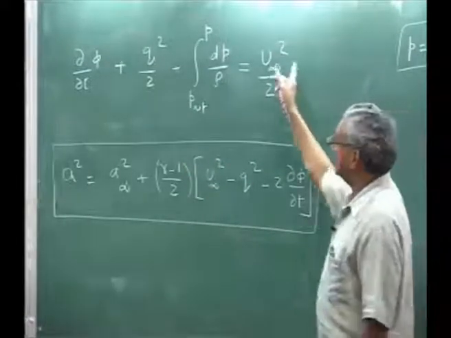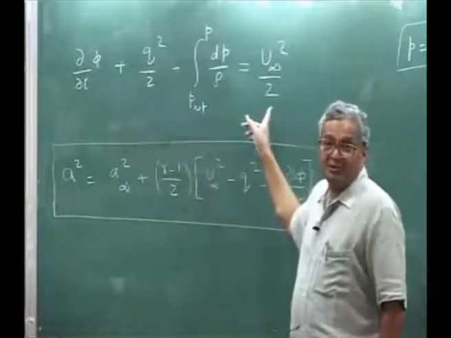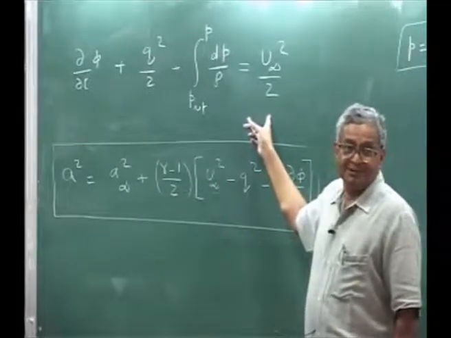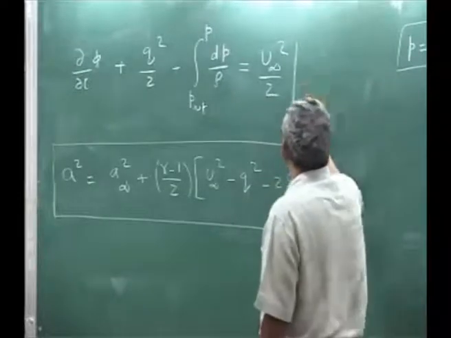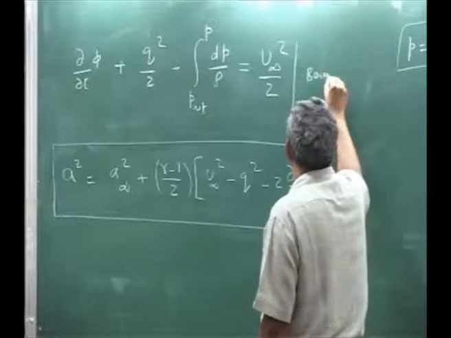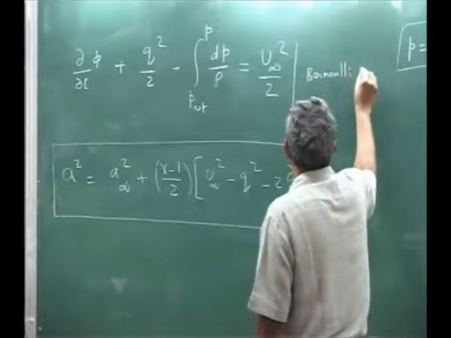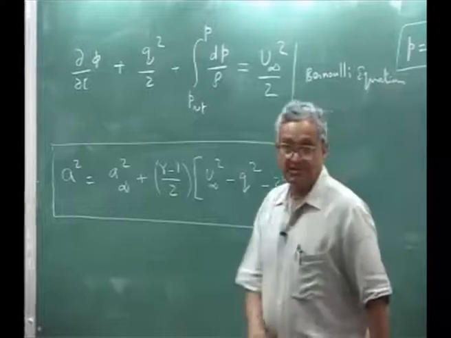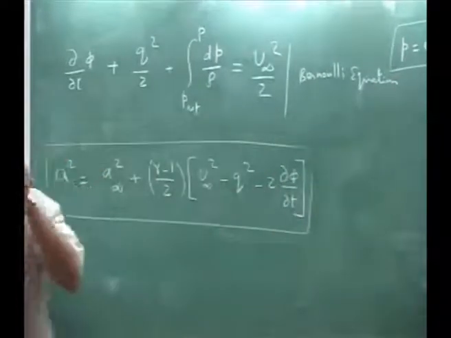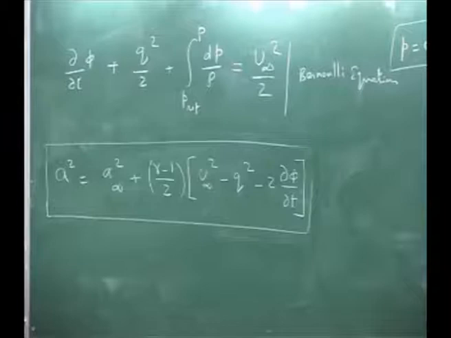And this is called the Bernoulli equation, the Bernoulli equation for unsteady aerodynamics. Even though it was not derived by Bernoulli, this is Bernoulli's equation.